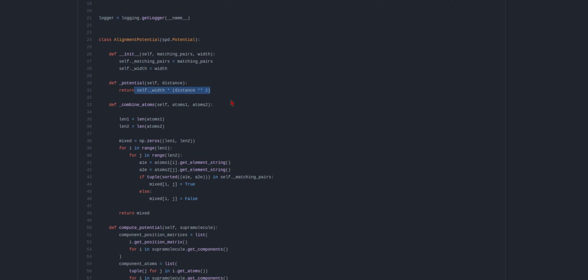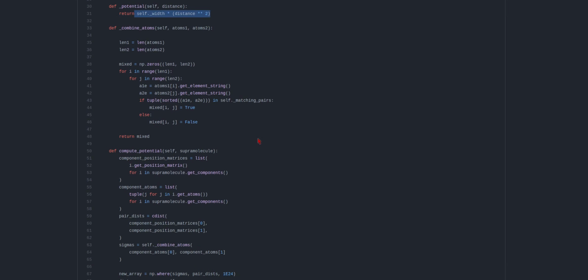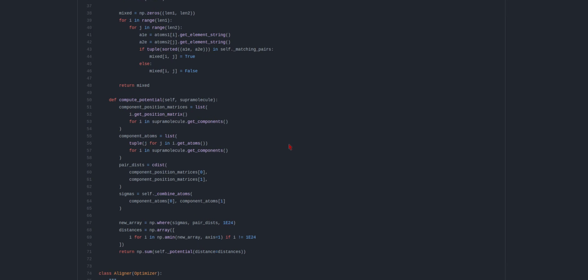So if you set the element types to be carbon and carbon, for each carbon atom in one molecule, the potential will be relative to the distance of the nearest carbon in the other molecule. So it's not set which atoms are used in this pair function. It's determined based on the conformation of the two molecules. And I found this potential to be quite useful for running the aligner and aligning two molecules.